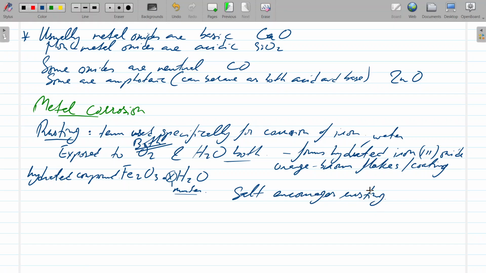That is why structures, especially metallic structures near the sea, rust faster.